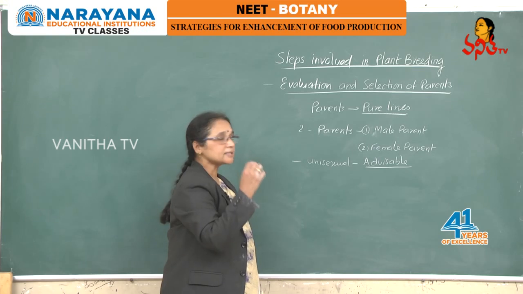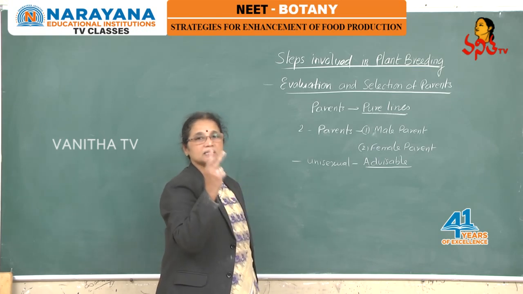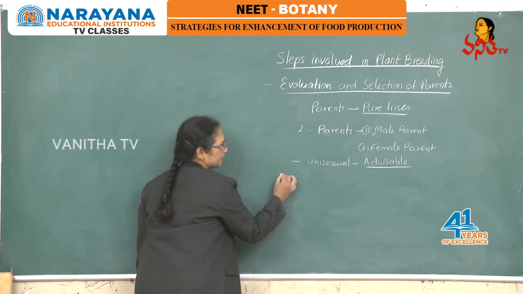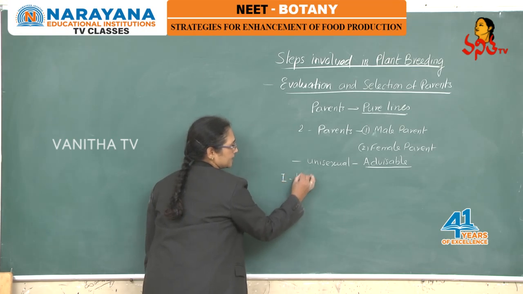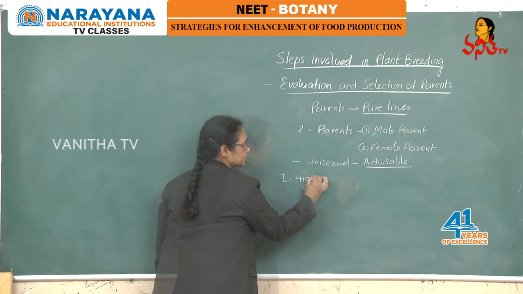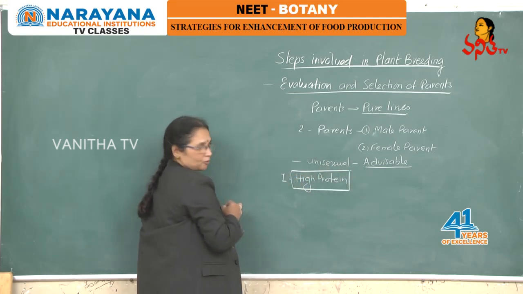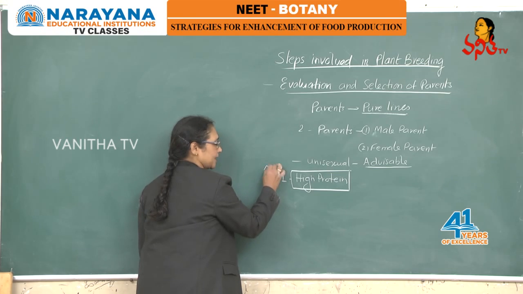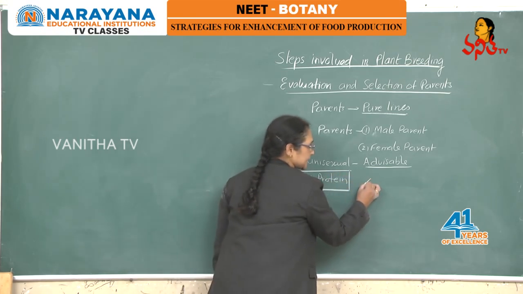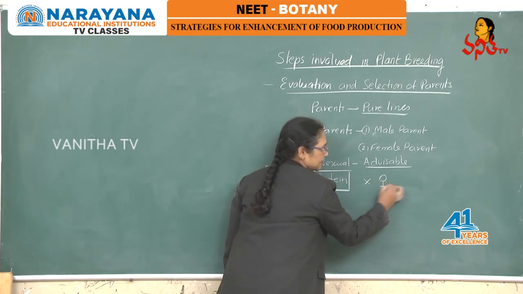Right. And these parents, for example, we selected a first parent having high protein content. High protein content is the quality of the first parent, which we selected as male parent, and the other parent is the female parent.